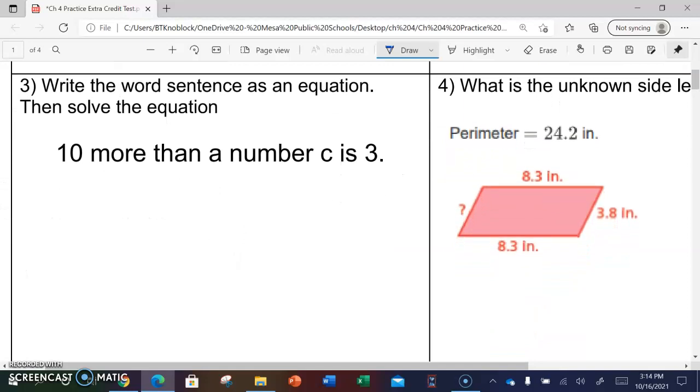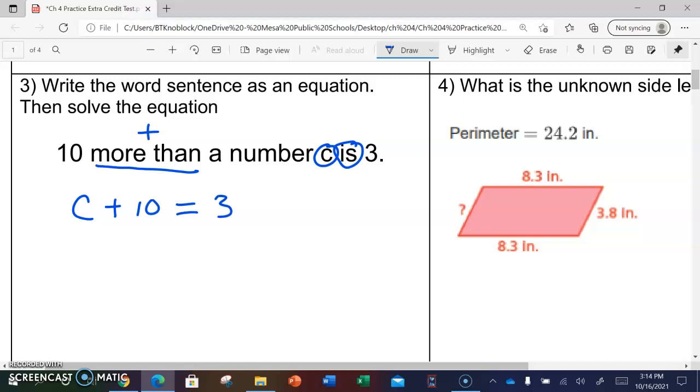Number 3 says write the word sentence as an equation, then solve the equation. So the word more than means plus C. I'm going to write it C plus 10 because more than you switch around. The word is means equal 3.